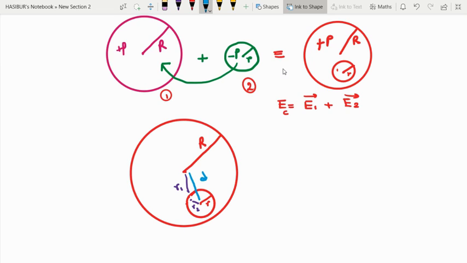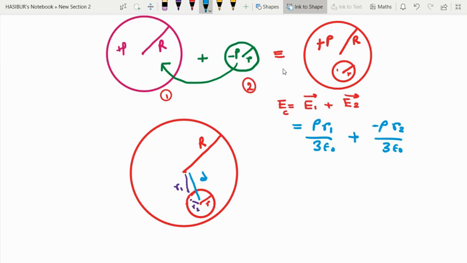Now the electric field E1 due to the larger sphere will be rho r1 upon 3 epsilon naught, and due to the smaller sphere it will be rho r2 upon 3 epsilon naught, with charge density minus rho.